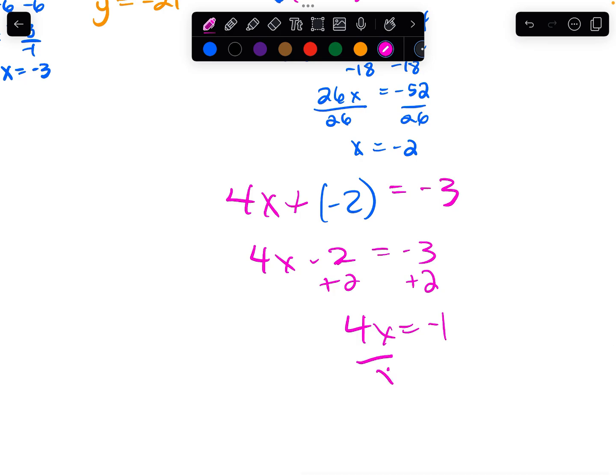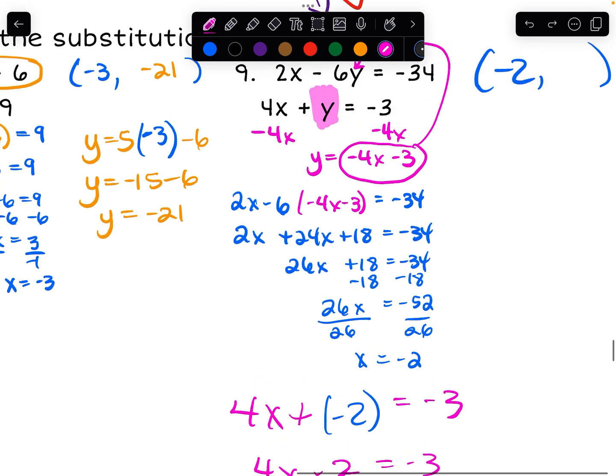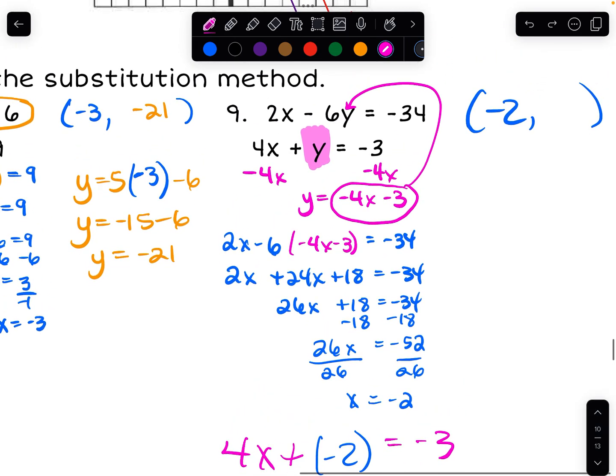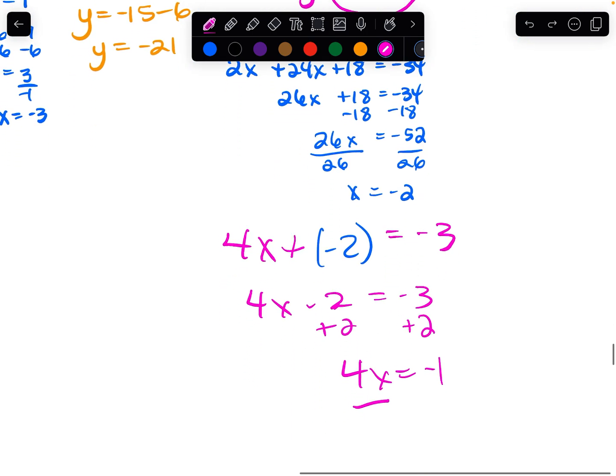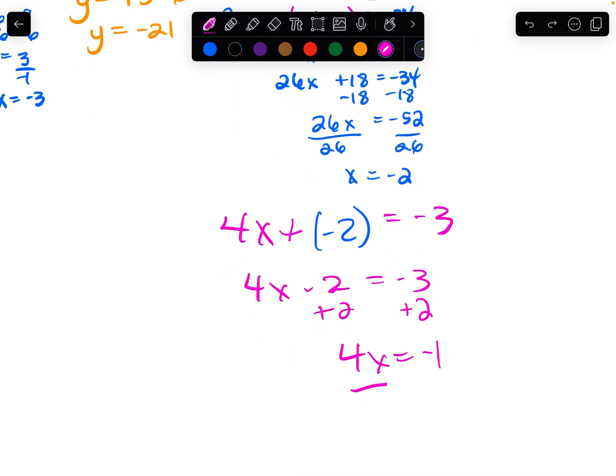Oh, that's interesting. Why am I dividing by? Did I do something wrong? 24 plus 18. I subtracted that. No, I think I have it right. Add 2. Okay, I guess we have a fraction.